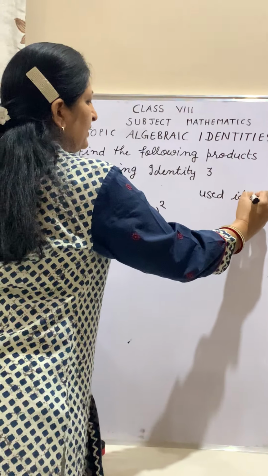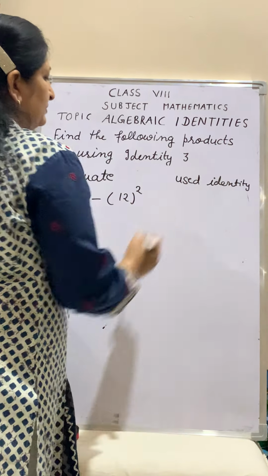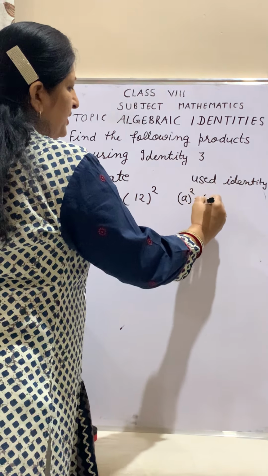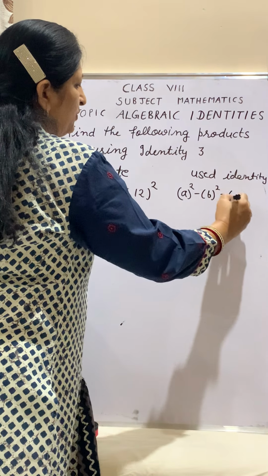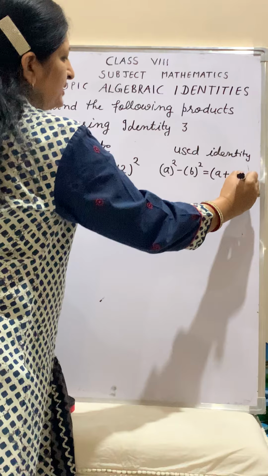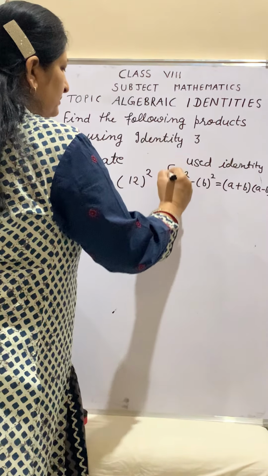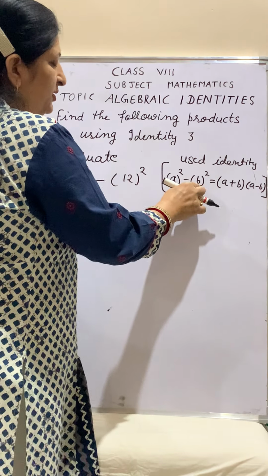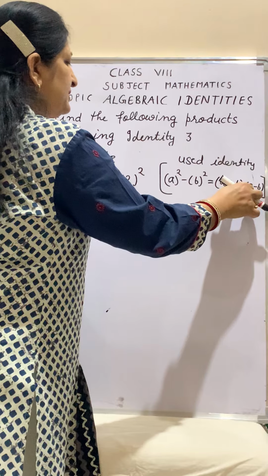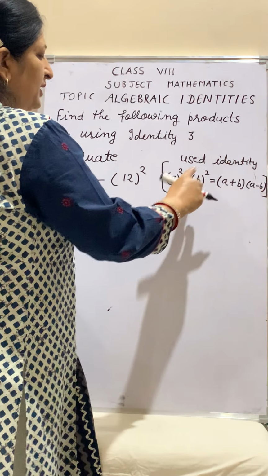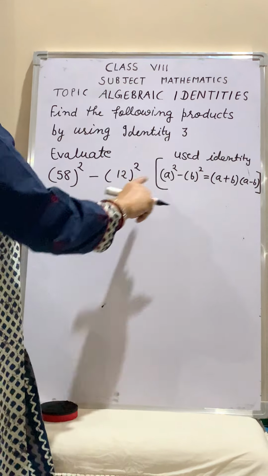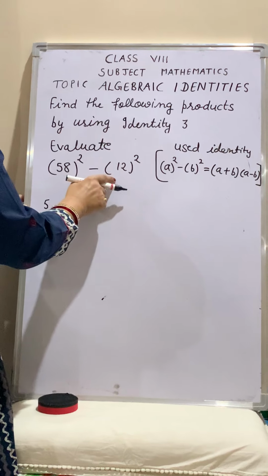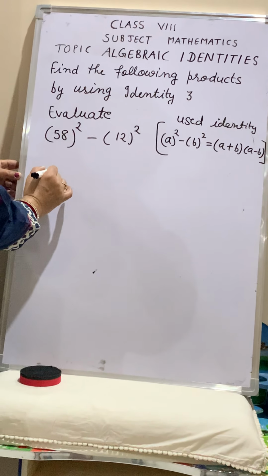Used identity: A whole square minus B whole square is equal to A plus B and A minus B. Now the right hand side is given. If the right hand side is given, you can write the left hand side. If the left hand side is given, you can write the right hand side. Now the right hand side is given, so we can write it.